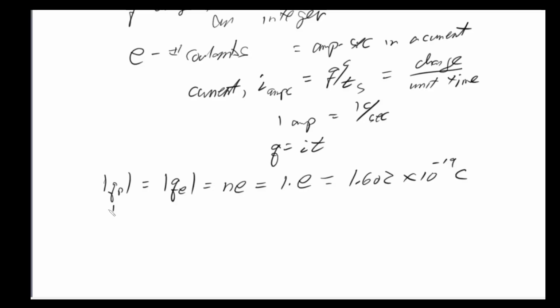So a charge of plus 1 for a proton or minus 1 for an electron will have a plus or minus 1.602 times 10 to minus 19th coulomb.